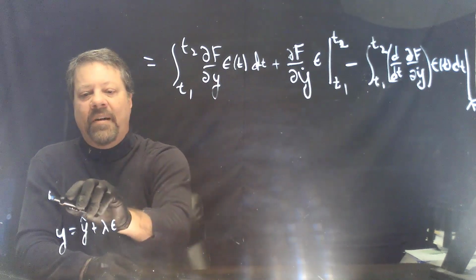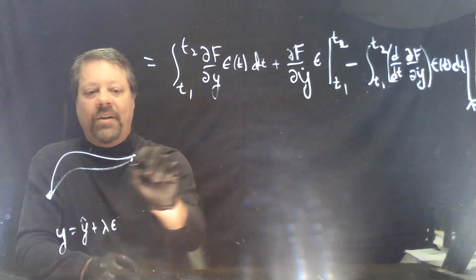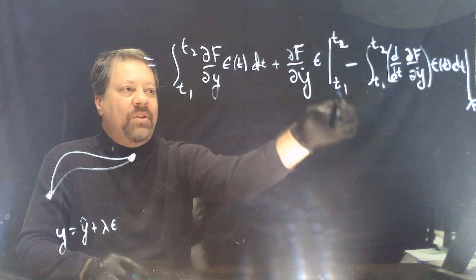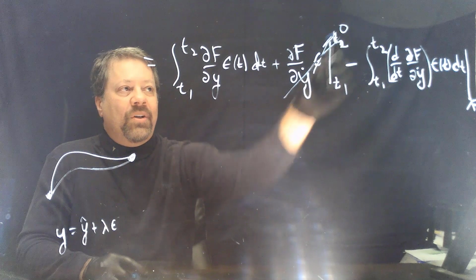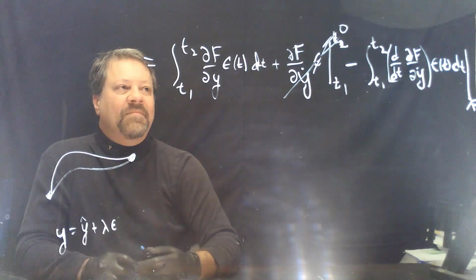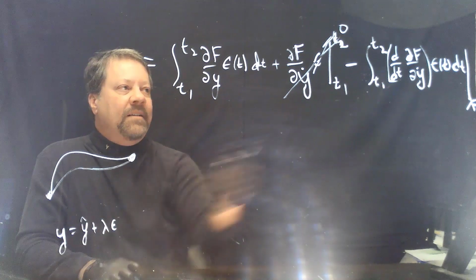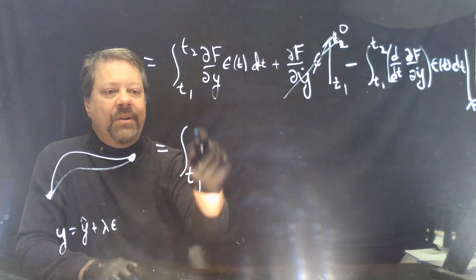Remember that the little perturbation epsilon has to be 0 at the endpoints. So when we evaluate epsilon at t2 or at t1, you must get 0. So this whole term goes away because of these boundary conditions for this epsilon. The only thing that's left now can be combined into a single integral.